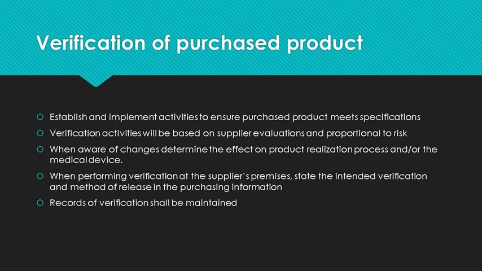Once you've selected the suppliers and communicated the purchasing information, you will hopefully receive product. You must establish and implement inspection, testing, or other activities to ensure the product meets specifications. This should not be difficult or a surprise, since you've had to communicate this information to the supplier when you sent them the purchasing information. The level of verification should be based on your supplier evaluation and proportional to the risk to your product.